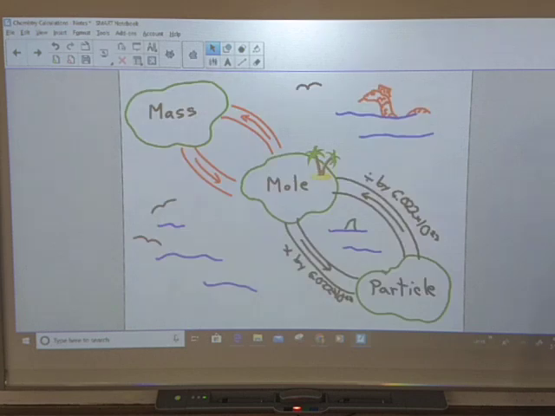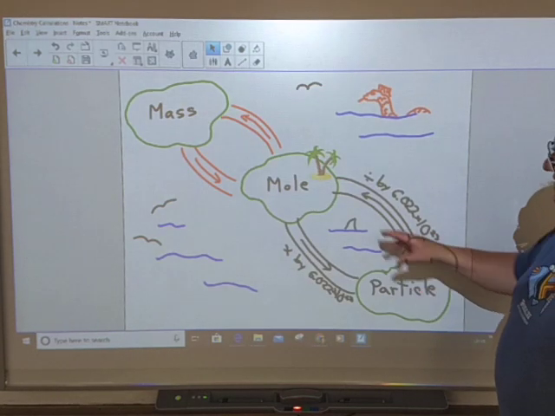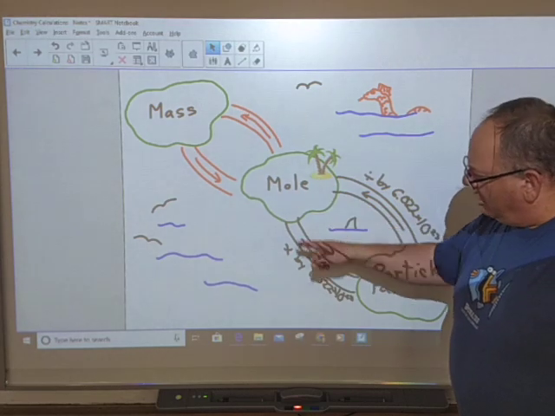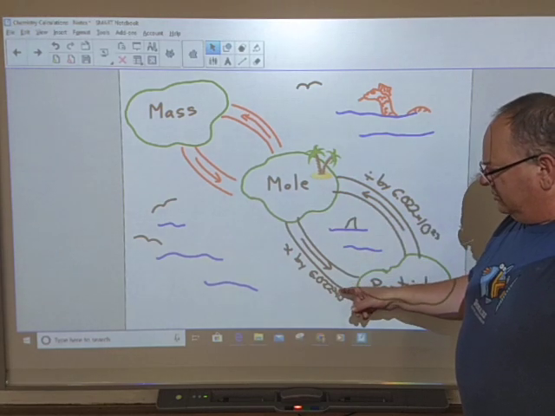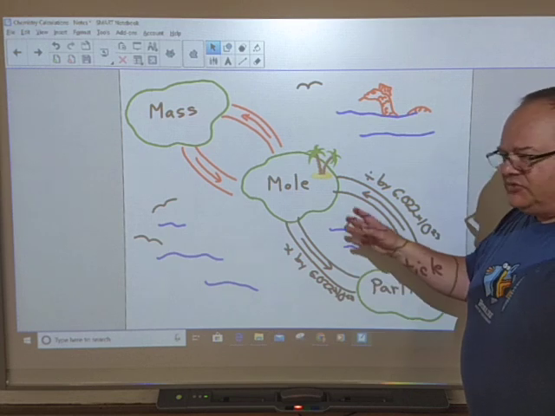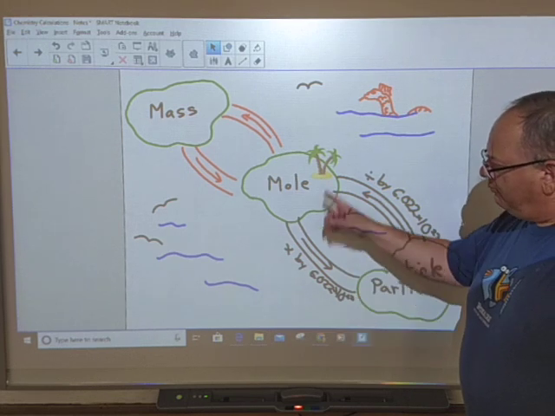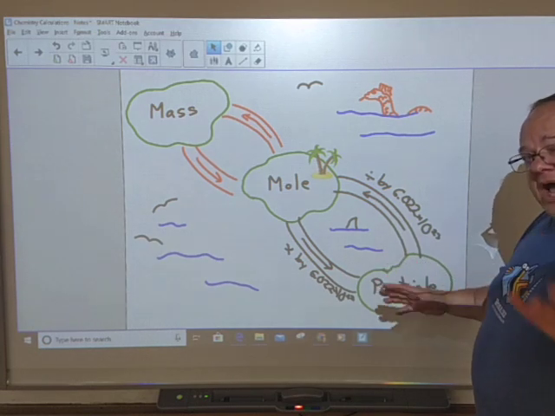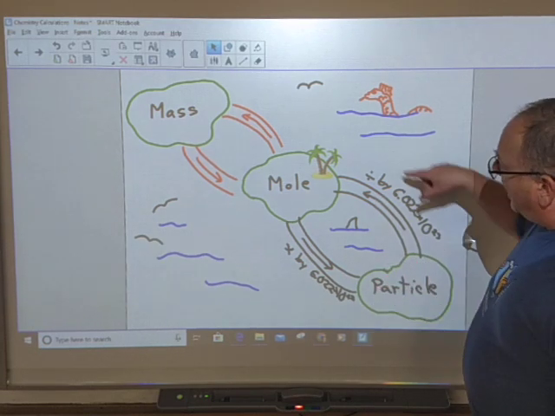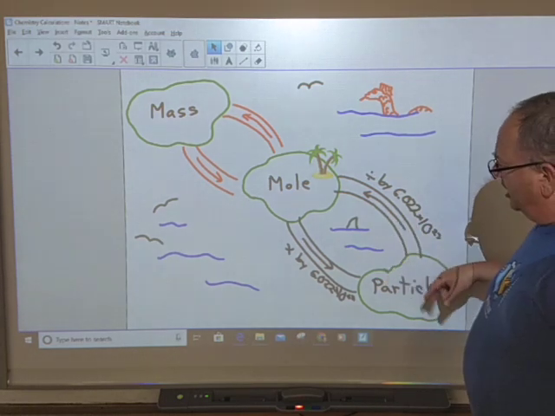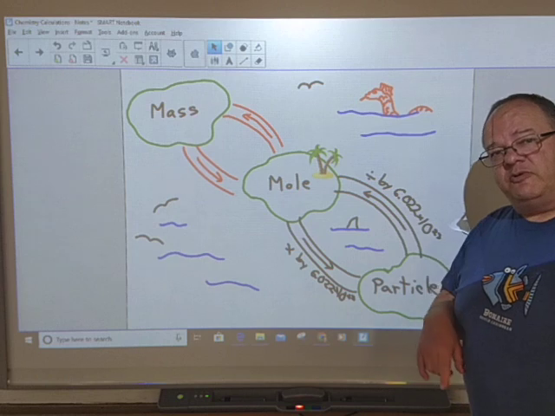Now, if I had a number of moles, and I multiply by 6.022 times 10 to the 23rd atoms per mole, moles would cross off and I'd have a number of atoms. If I had a number of molecules, and I divide by 6.022 times 10 to the 23rd molecules per mole, the molecules would cross off and leave me with moles.